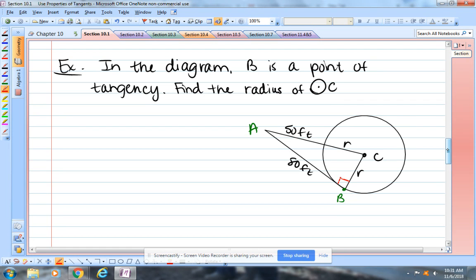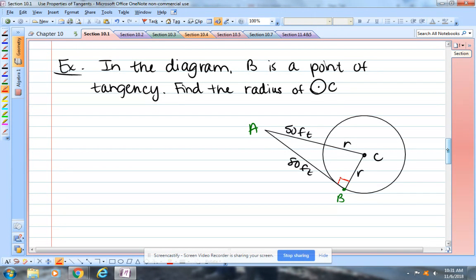It's the point on the edge of the circle where the line is tangent to it, where the tangent line touches the circle. It's on the circle and on the tangent line. It's where they intersect. Okay?